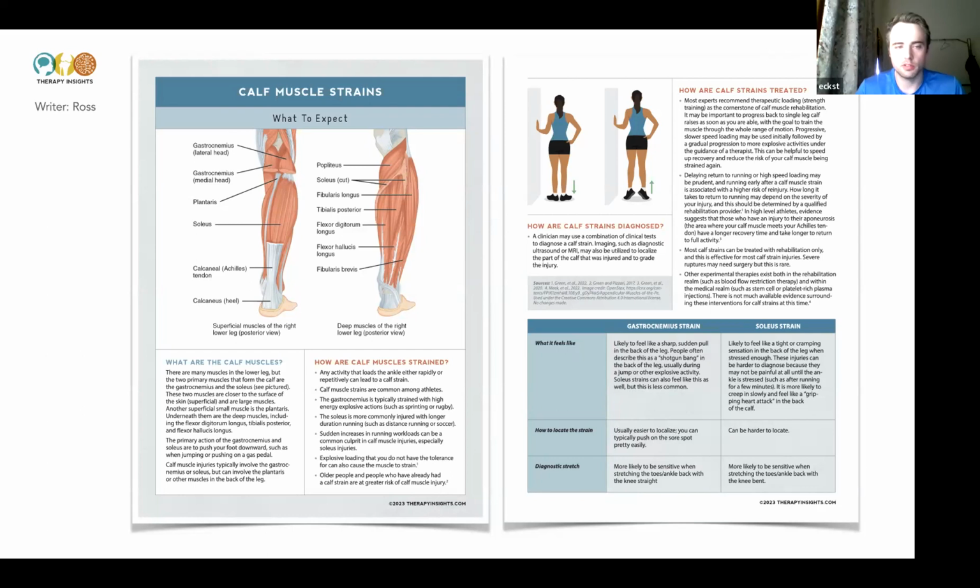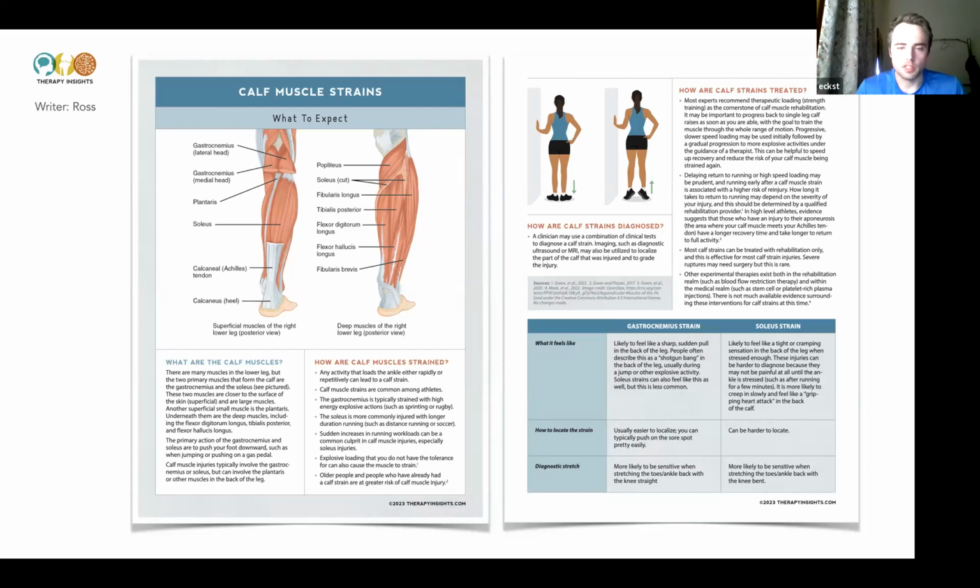On the first page, there's an outline of the superficial and deep layers of the muscles of the lower leg that people can look at if they're interested. And then it talks about what the calf muscles are and goes into especially the function of the soleus and the gastroc, since those are your most commonly strained calf muscles.